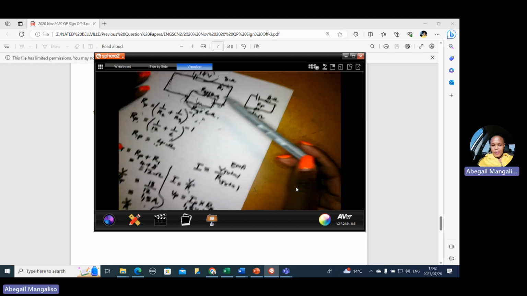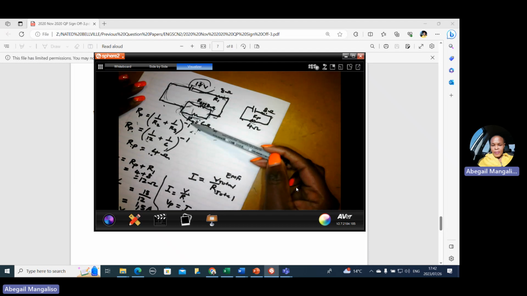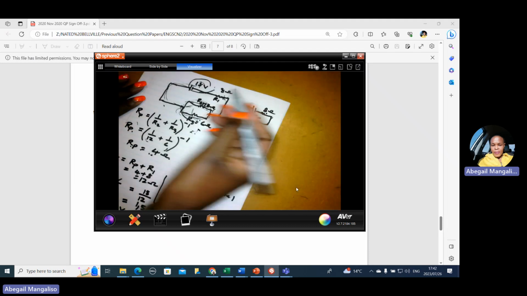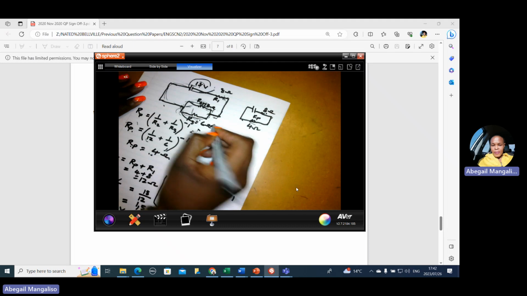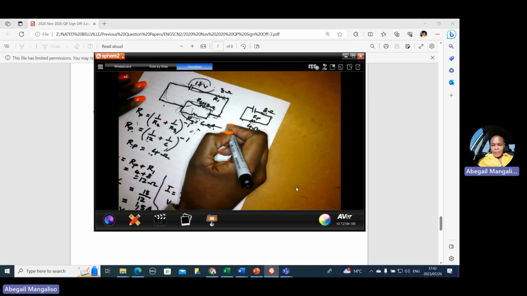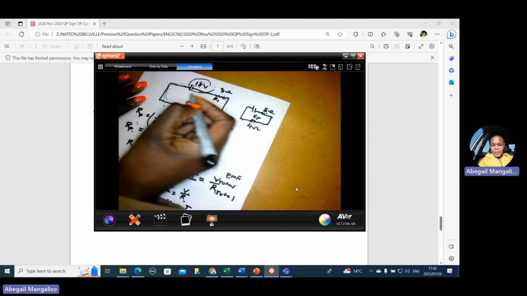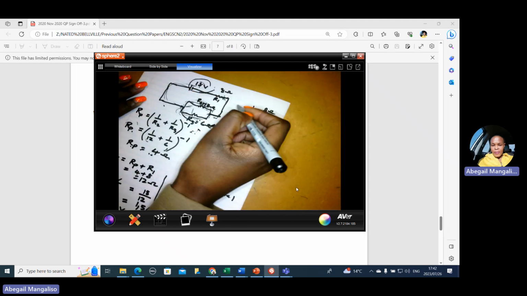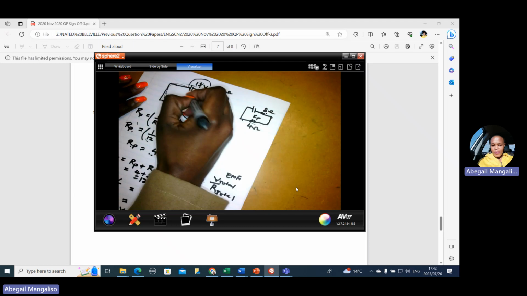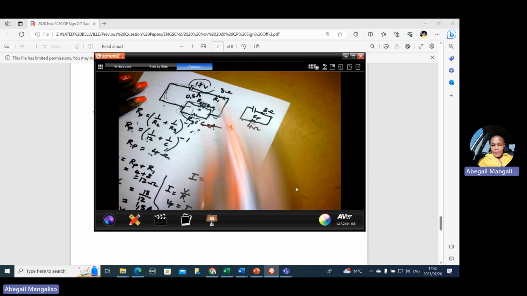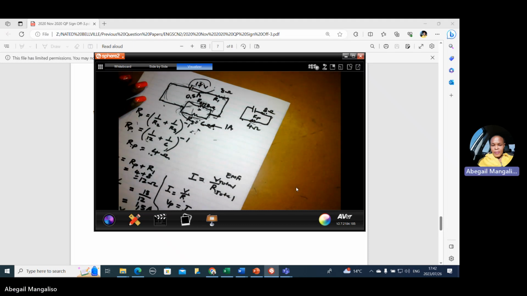Remember, we said the current branches here. So through the 6, the current is 1 amp. And the current that goes into this resistance of 12 is 0,5 amps. So total current is 1,5. When you add 1 and 0,5, you get 1,5.